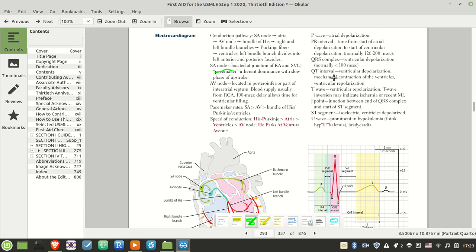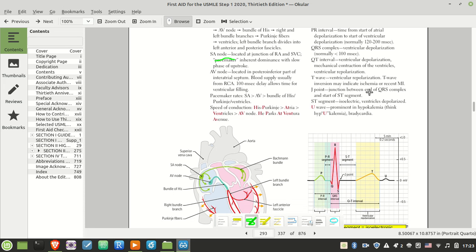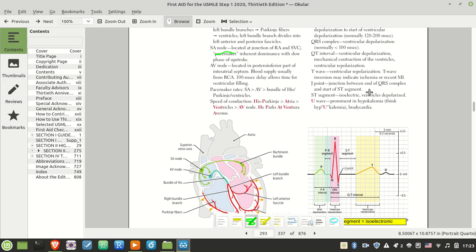You're going to have contraction, and that's what T waves are, ventricular repolarization, and the J point, the end of the QRS and beginning of the ST segment. And you'll know that if you have ST segment elevation, that's bad news.